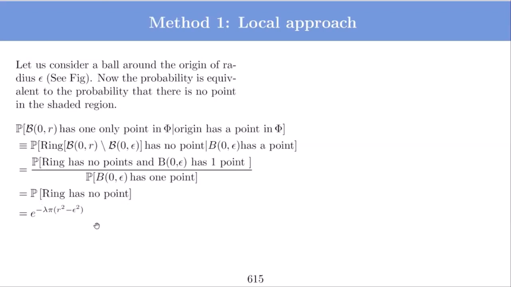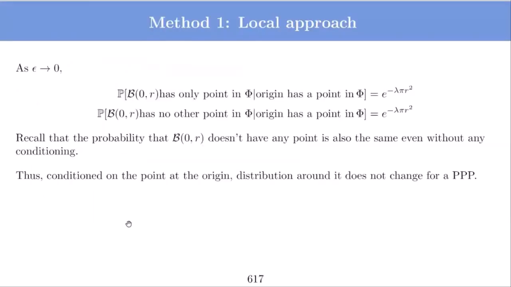So now what is the probability that ring has no point? This will be the void probability of the ring, right? And because of the Poisson, it will be given as e to power minus lambda into area of the ring. So area of the ring is pi times r square minus epsilon square. So this will be e to power minus lambda pi (r square minus epsilon square). Now the only thing remaining is to take epsilon goes to 0, right?